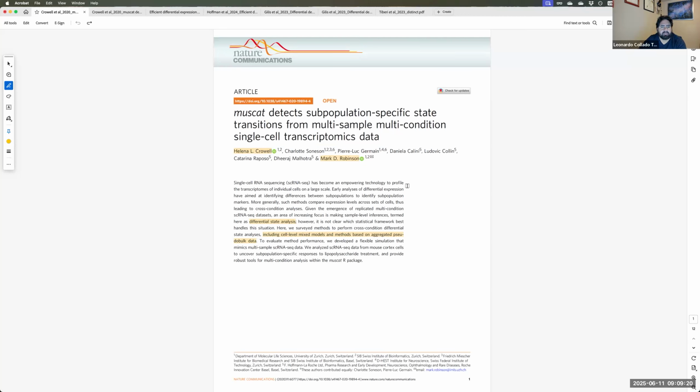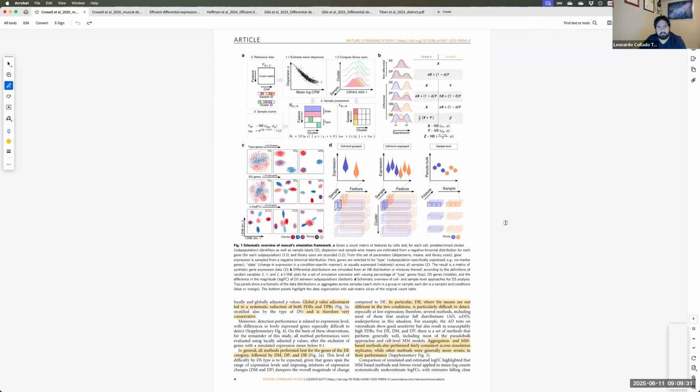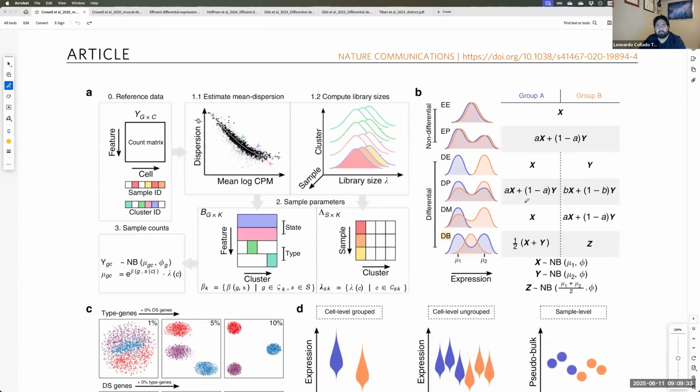In this muscat paper, first of all, they develop a simulation framework that simulates a bunch of different scenarios here in figure 1b. They have a few scenarios where the expression of the two groups, group A and group B, is going to be equally expressed. That means they have basically the same curve here with the same mean and the same shape.